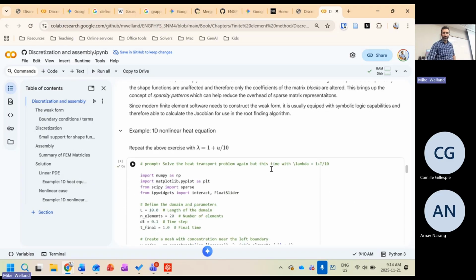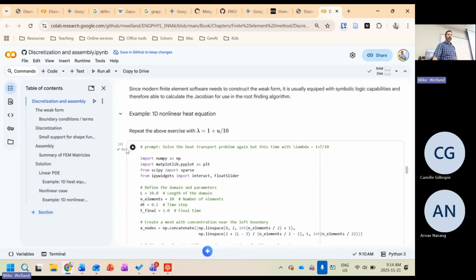Sparsity massively helps. Let's see what it looks like. This is an example. I left that in actually because this gives you the wrong example. I asked Gemini to take the previous solution and change lambda, which it did, but at least a year ago when I generated this, it wasn't smart enough to realize that lambda changing means you have to use a root finder.